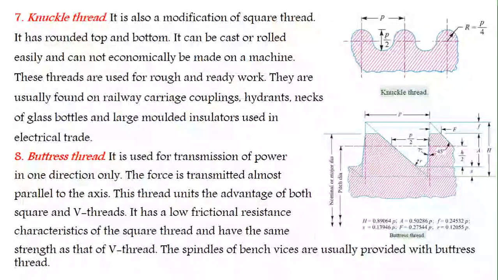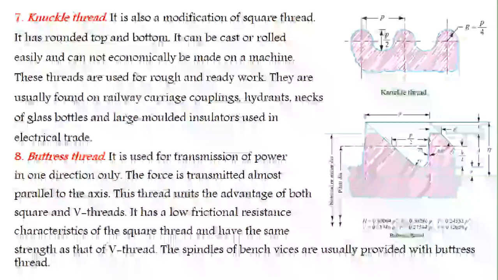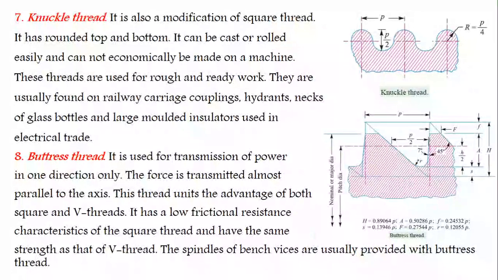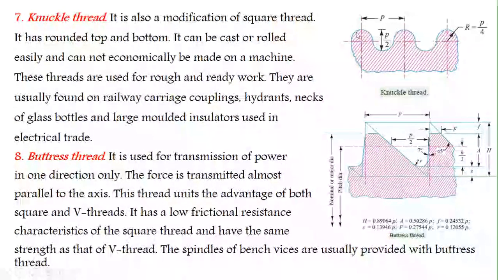They are usually found on railway carriage couplings, hydrants, necks of glass bottles, and large moulded insulators used in the electrical trade. This is the modified square shape, rounded on the top and bottom surfaces. You may see this type of thread on bottlenecks.